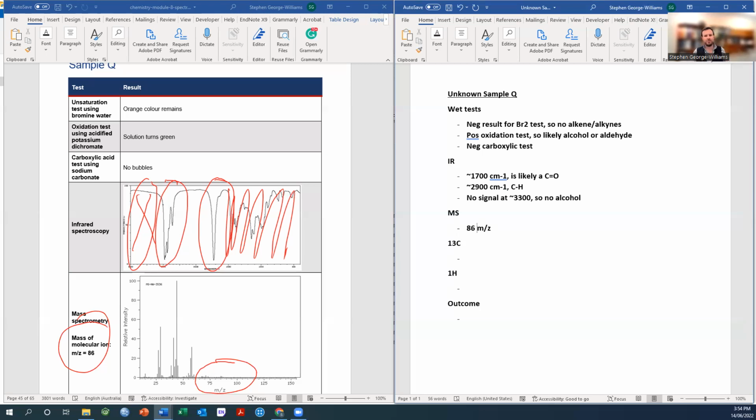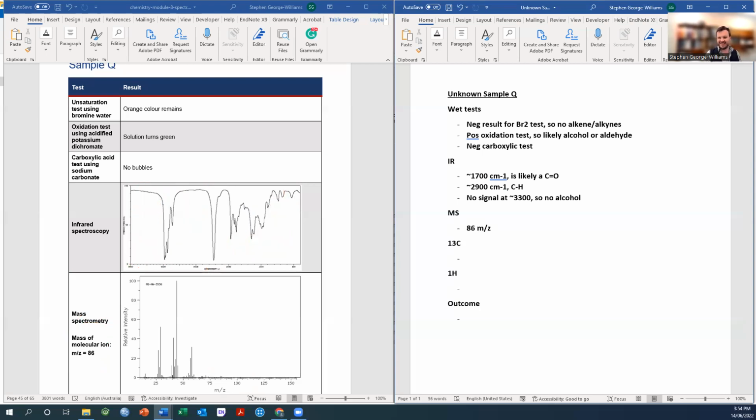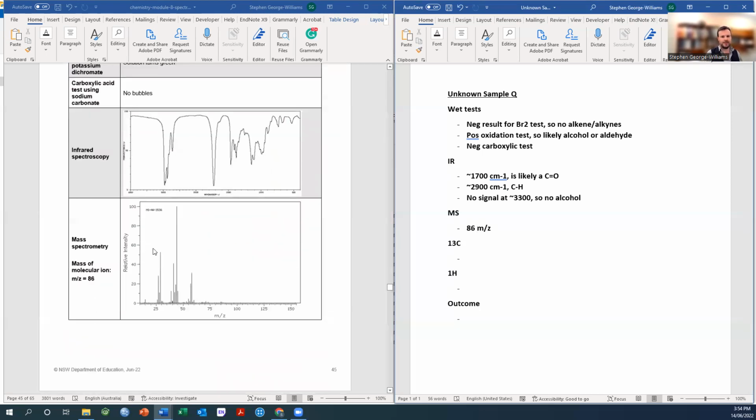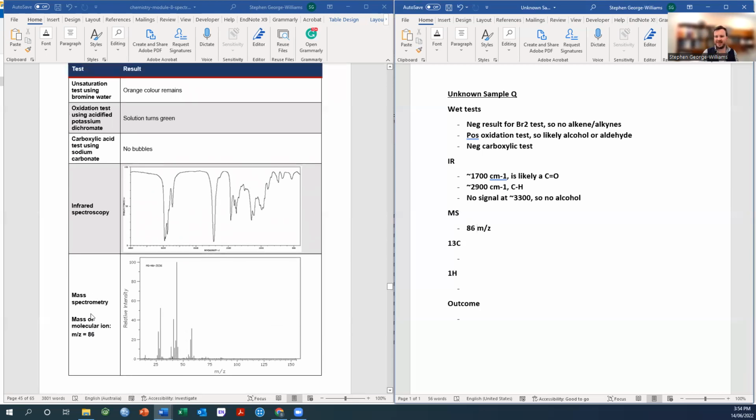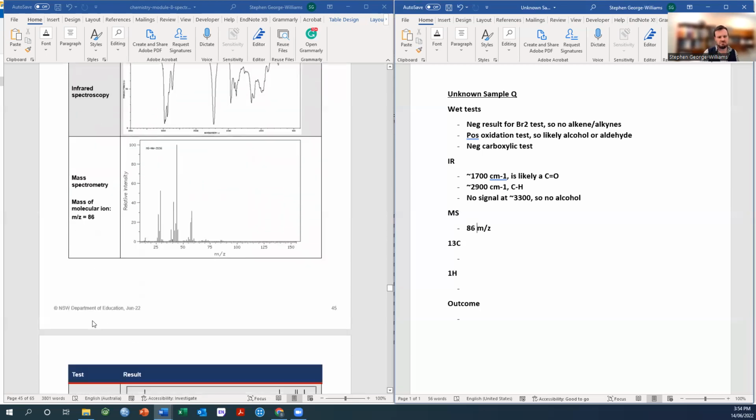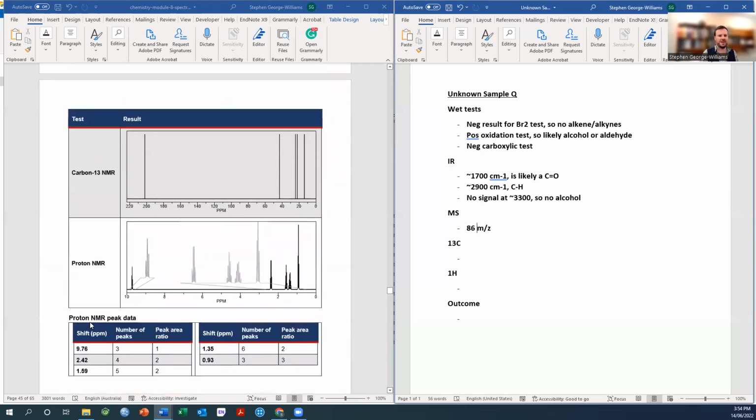Other than that, I'm not going to pull out much from this mass spectrum. It's not particularly useful. I can't even really look at those molecular ion peaks and say there's no chlorine or there's no bromine. I can't really see them. So all I'm going to say is that its molecular mass is 86. So at this stage, I don't have a lot to work with. I know 86 is a bit heavier, and I know that there's probably an aldehyde in the system. Okay, it's a step forward, but not much.